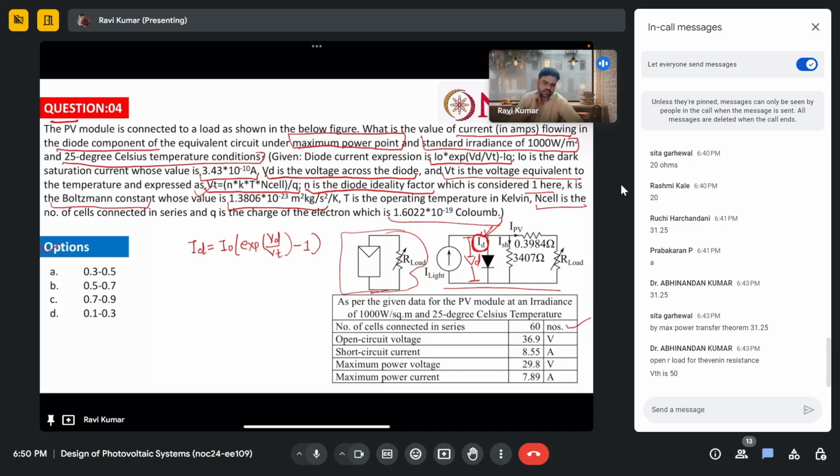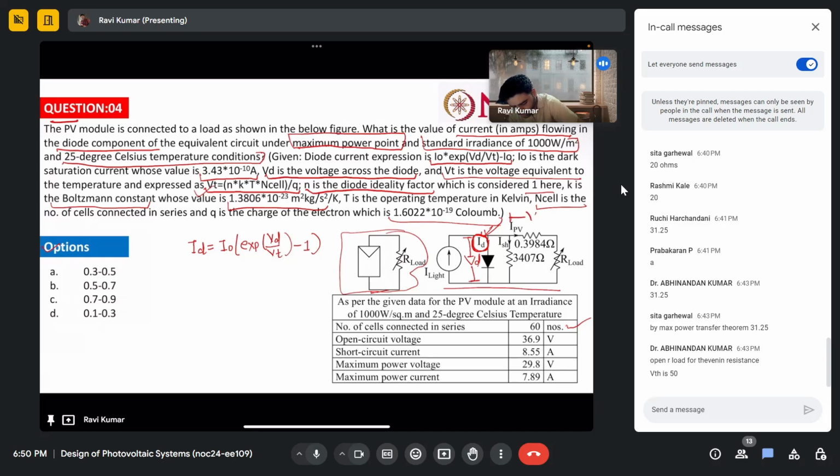Do you want some hint? Are you trying this? Yes, no? Okay, I will give you just a small hint.